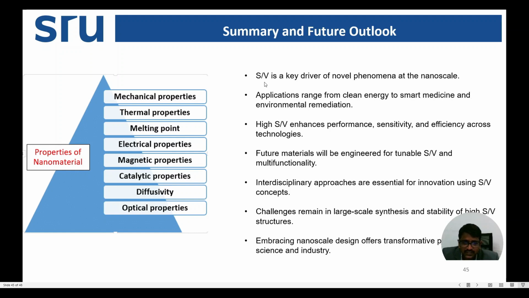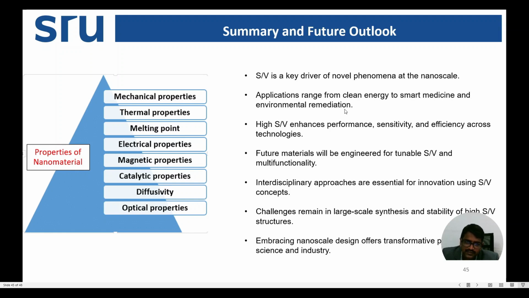So here are some of the key takeaways, summary of this lecture. Surface to volume ratio is a key driver for novel phenomena at the nanoscale. This is very important. These two things, surface to volume ratio and quantum confinement, will come into picture only at nanoscale. Applications range from clean energy to smart medicine and environmental remediation.